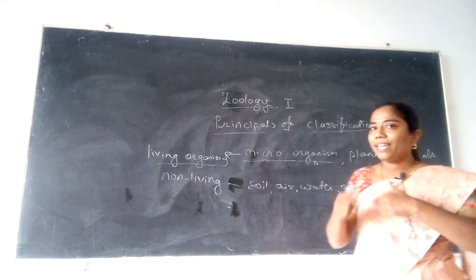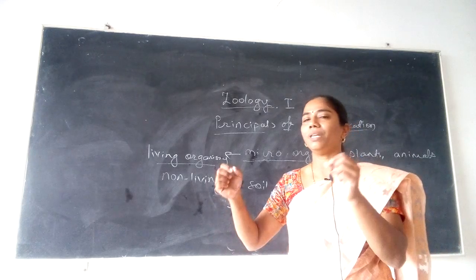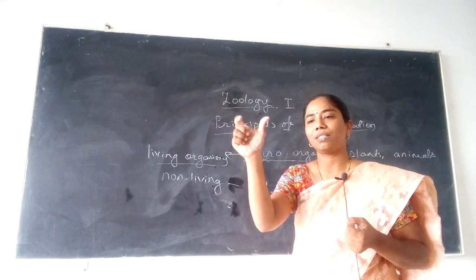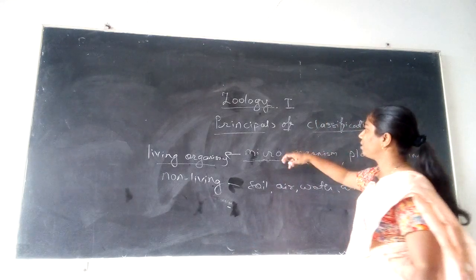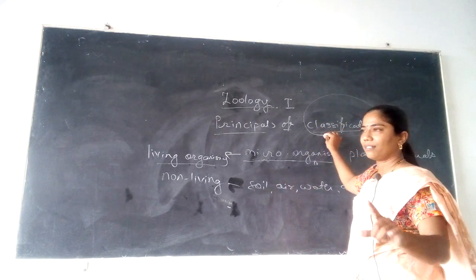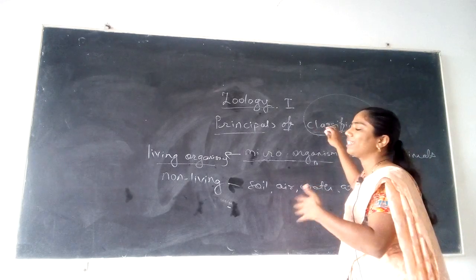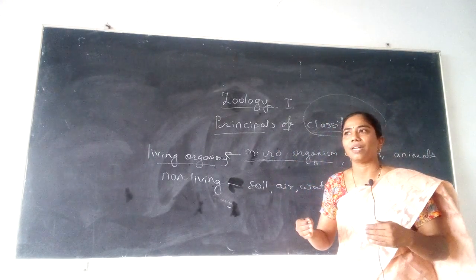So again, depending on certain characters, we fit them in that particular group. So characters play the main role when we study classification. See, this is just an example. What is classification? Classification means we are going to classify.